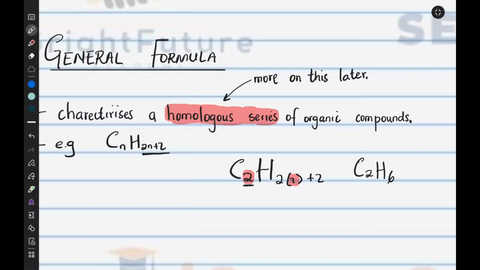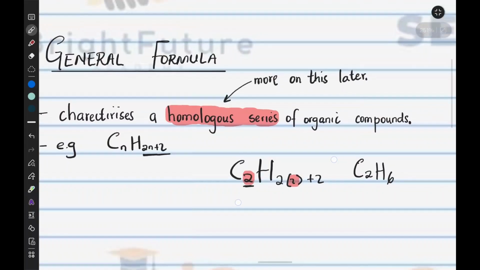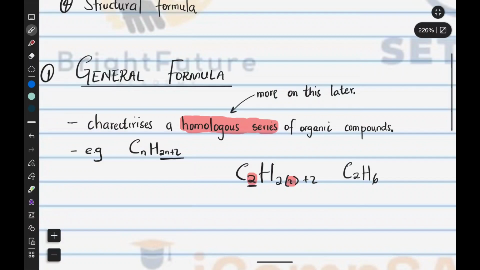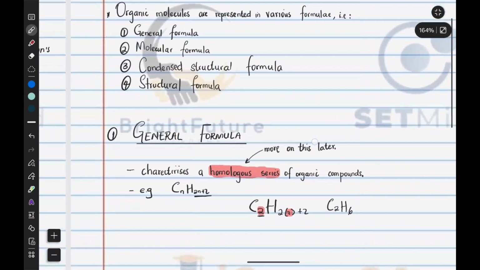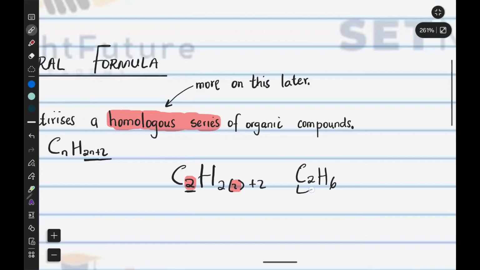Now we also talk about molecular formula. You are more familiar with molecular formula because we've been using it since grade 10. In fact, this is a molecular formula, right? So we use the general formula to find the molecular formula in this example.